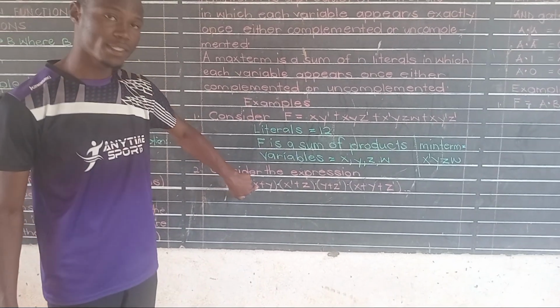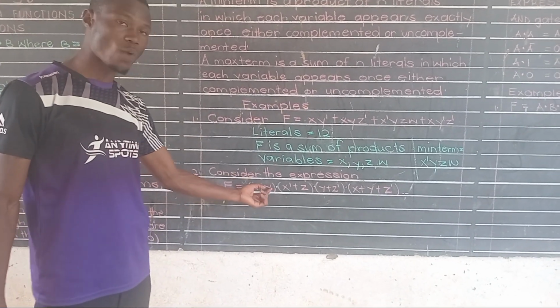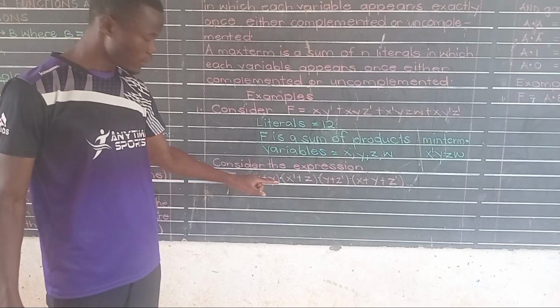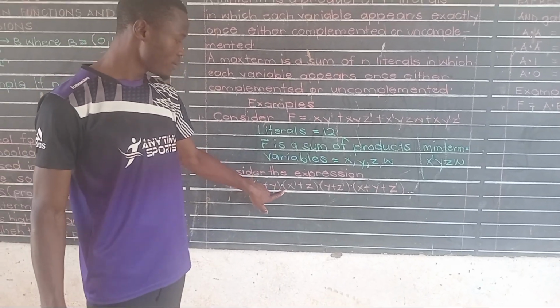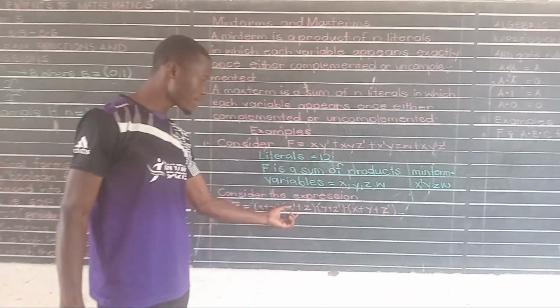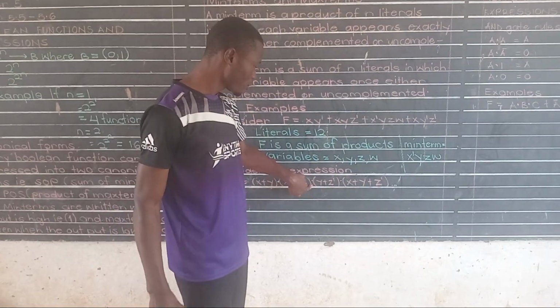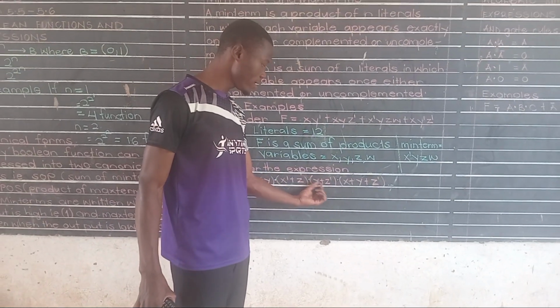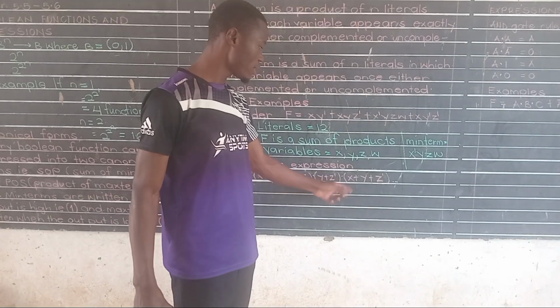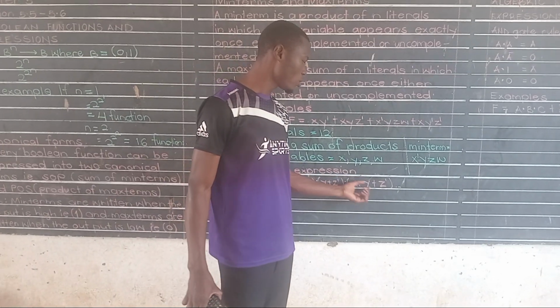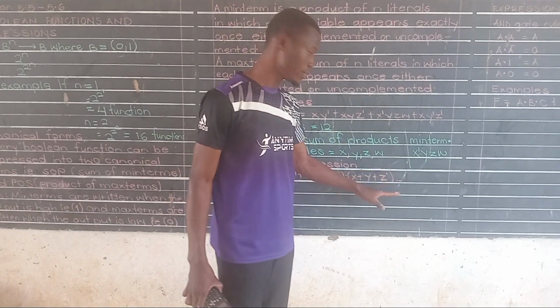But this term is a sum because this is x plus y. There is a multiplication symbol here, and this is another term, not x or z. A multiplication symbol, this is y or not z. A multiplication symbol, this is x or y or not z.